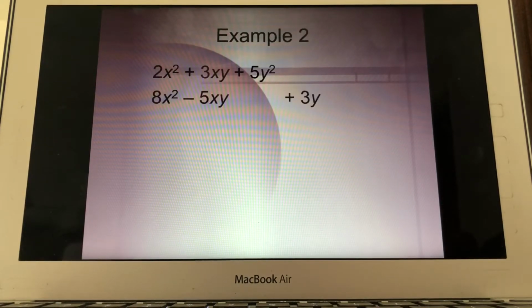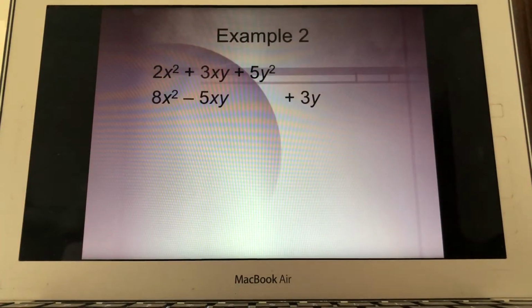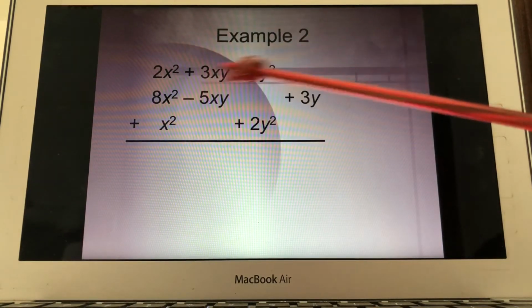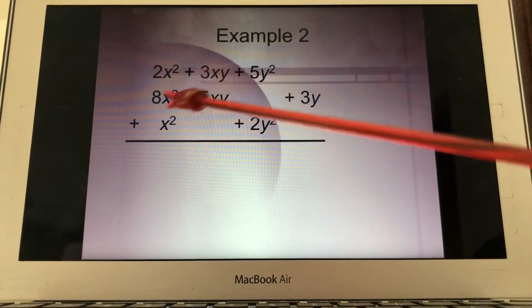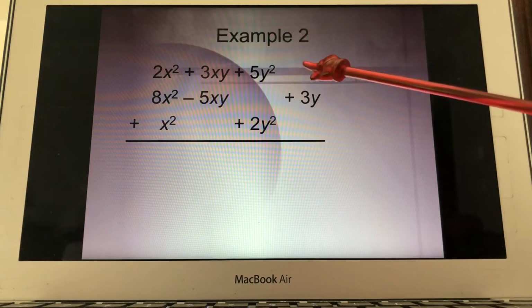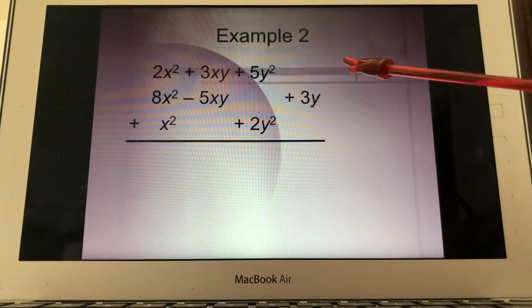Now we have these three polynomials we're adding together. Now notice, there are 4 different terms that we're dealing with, but each one doesn't contain all 4 of those terms.